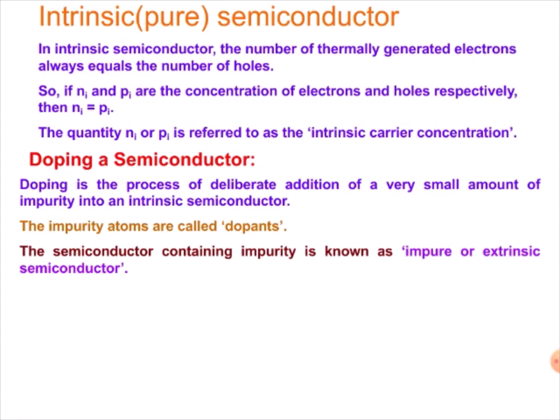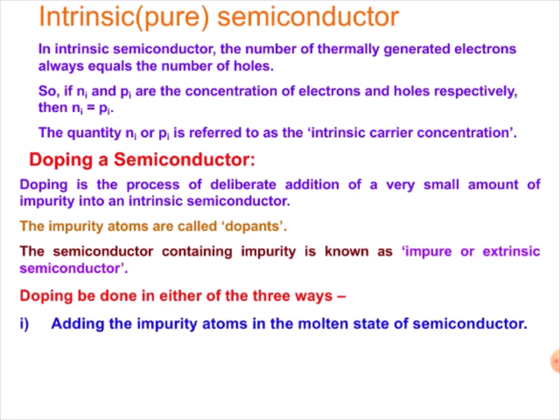Doping can be done in three ways. The first is adding the impurity atom to the molten state of the semiconductor; that means in the molten semiconductor, we add the impurity atom.